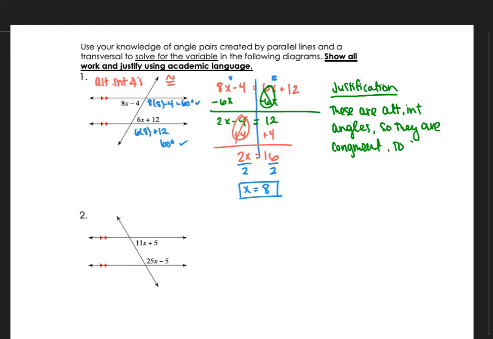And then we're going to say to solve, set them equal to each other. The academic language that I'm looking for here is the fact that you know that they are alternate interior angles as well as that they are congruent.